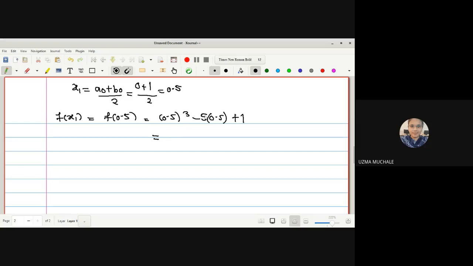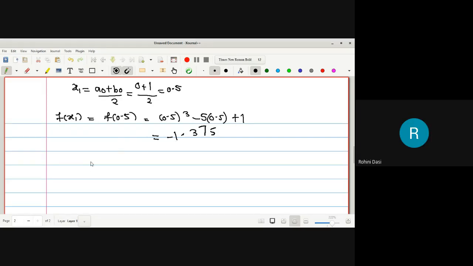Calculate it and tell me. Minus 1.375. Okay. Whether everyone got the same answer, minus 1.375. You can use a calculator.